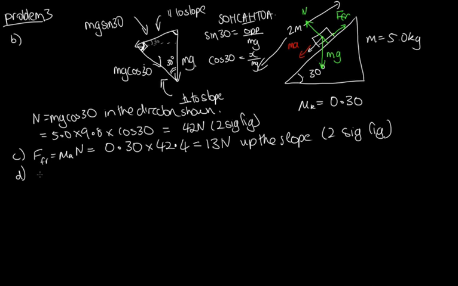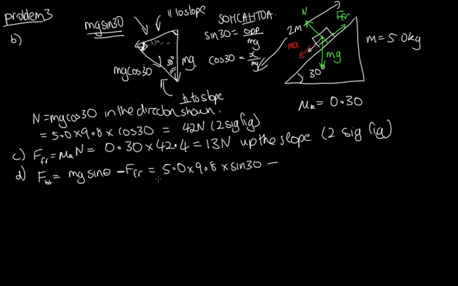So we've got the F total is equal to the weight force down the slope, which is the mg sine theta. So mg sine theta minus the frictional force, because they're acting in opposite directions. So we've got this negative sign here. So this is equal to 5.0 times 9.8 times sine 30, because that's what we calculated up here.